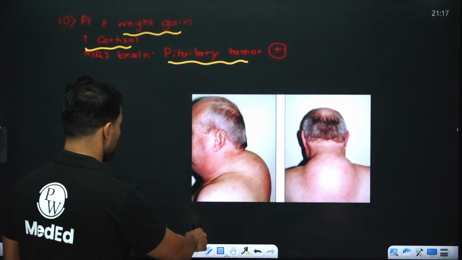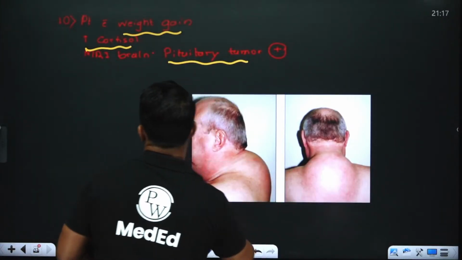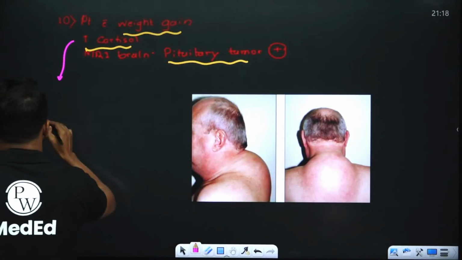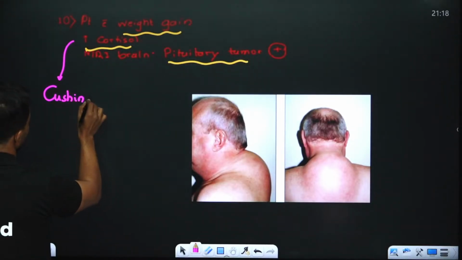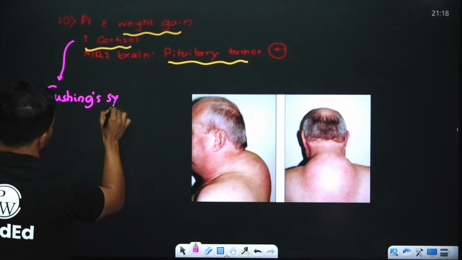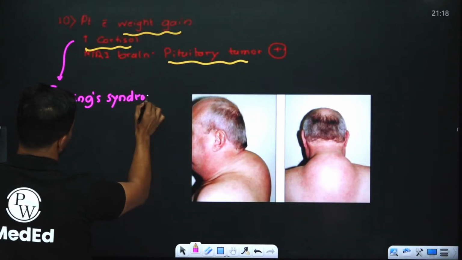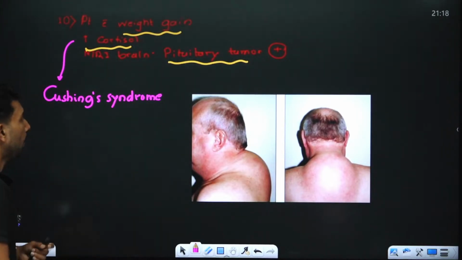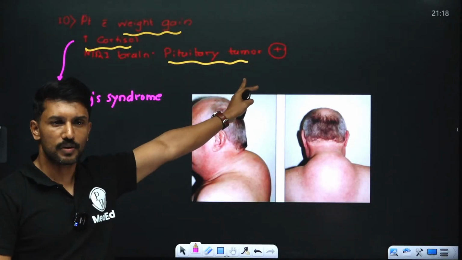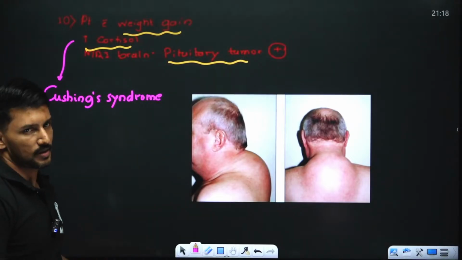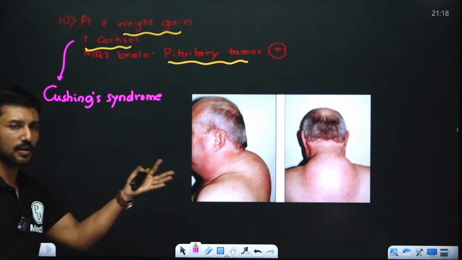Whenever cortisol level is high, it is suggestive of what we call Cushing's syndrome, right? And if this high cortisol is because of an ACTH producing pituitary tumor, we will call it Cushing's disease, right? So this patient is actually having Cushing's disease.